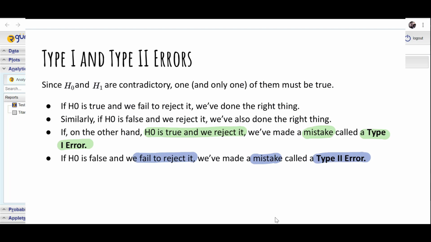And type 2 errors happen if you fail to reject the null and it was a mistake, so you made the wrong decision because the null was really false, so you should have rejected it instead. So again, type 1 errors happen when you mistakenly reject the null, and type 2 errors happen when you mistakenly fail to reject the null.